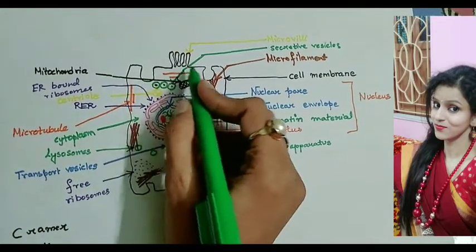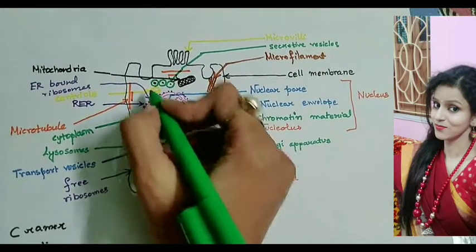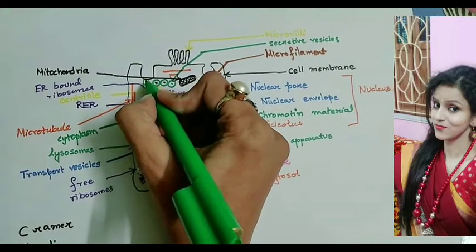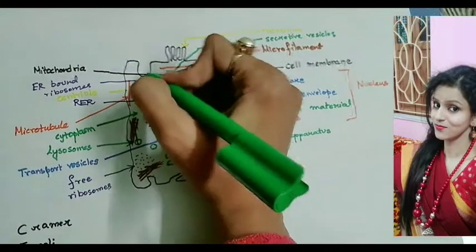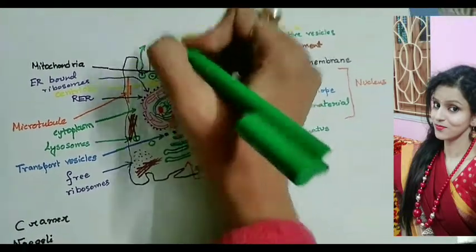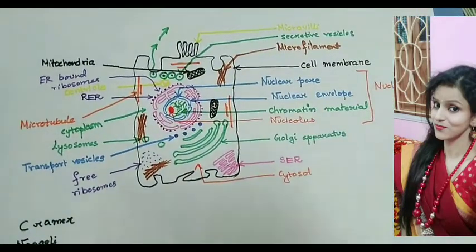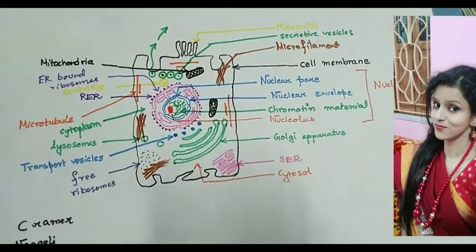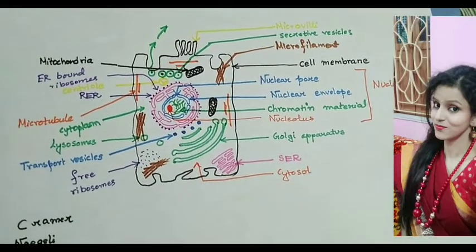So whenever both of them come in contact, that is the secretive vesicle and the cell membrane, what will happen? That will be dissolved, and obviously this chemical will be released outside the cell, just like the way I am marking. Okay, so in this way the chemicals go outside the cell. This process is known as exocytosis, whenever any chemicals are going outside the cell.